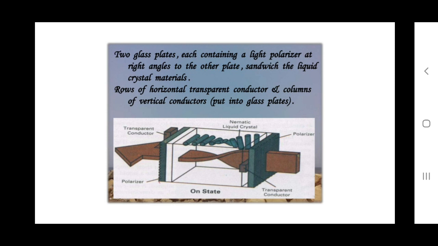Light is either transmitted or blocked, depending upon the orientation of the molecules in the liquid crystal. The polarization characteristics of certain organic compounds are used to modify the characteristics of incident light.